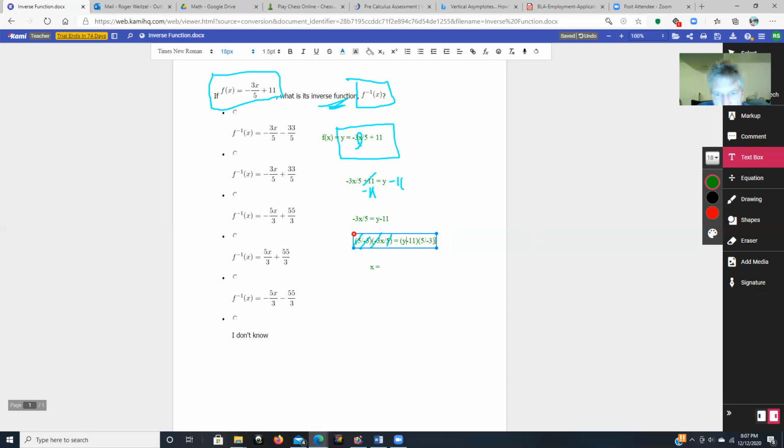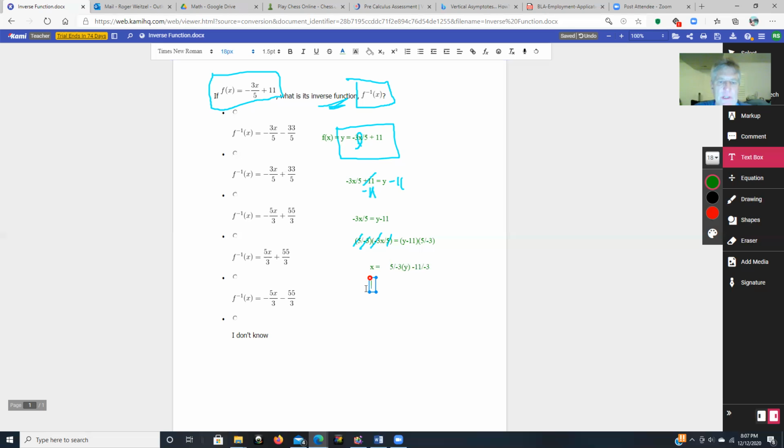So let's go ahead and distribute this. This is going to be 5 divided by 3 times y, minus 11 times 5 divided by 3.